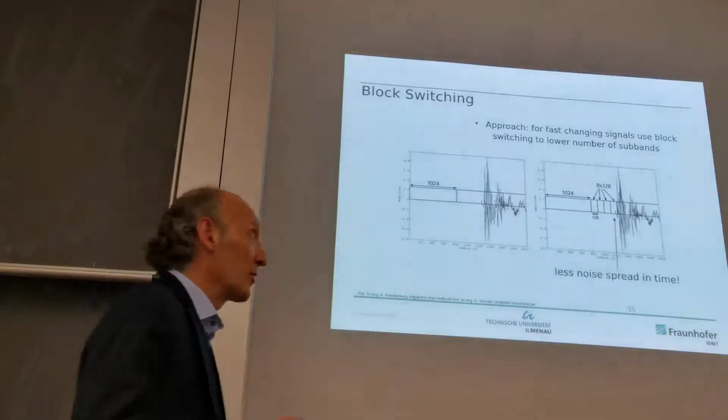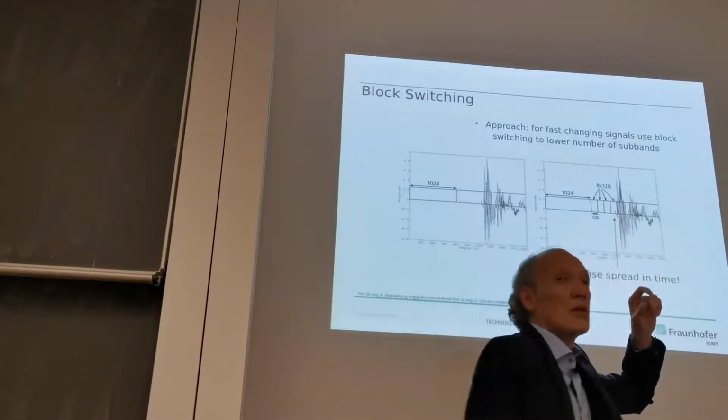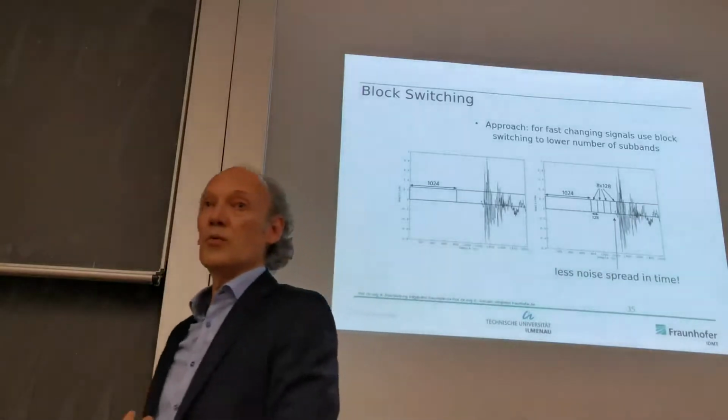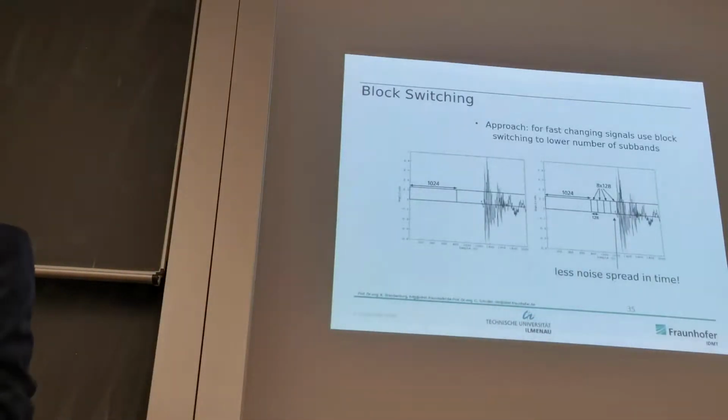So it actually has a very fine time resolution. But here in this case, you keep it small enough that the ear doesn't notice. Makes sense? So that's why you want to do block switching, to avoid pre-echoes.